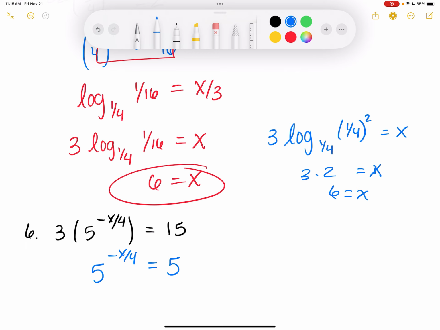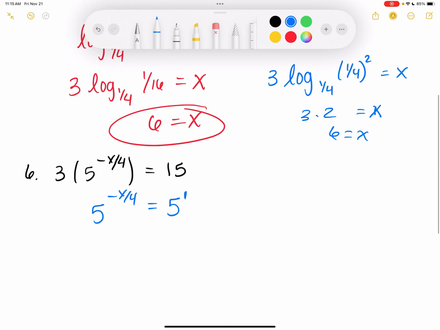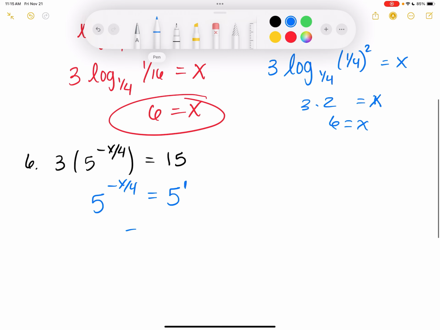Now, 5 raised to this is equal to 5. Would you agree that this is raised to a 1? Yes. So if they have the same base, that means our exponents have to be the same as well. So I can just say negative x over 4 is equal to 1. Multiply by negative 4, x is equal to negative 4.